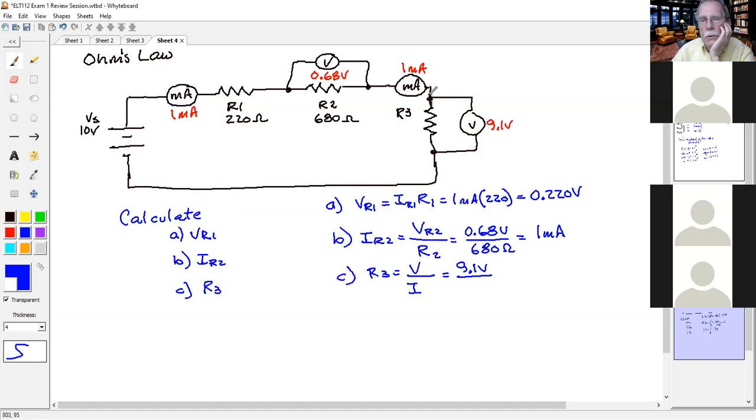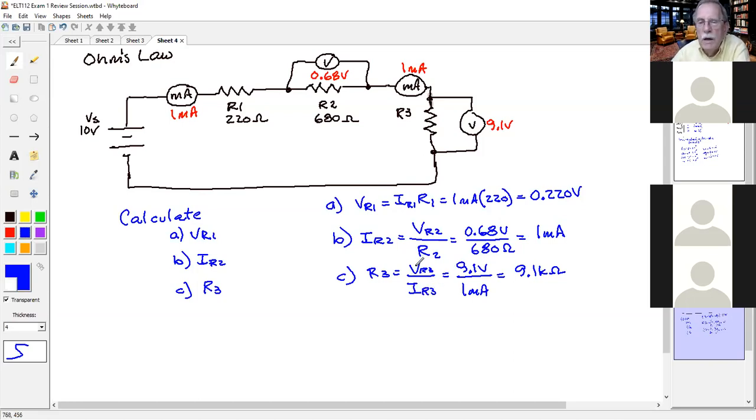The current over here, we're told, is 1 milliamp. When you work all of that out, that works out to be 9.1 k ohms. So the whole idea here is the different forms of Ohm's law. V is equal to I times R, I equals V over R, R equals V over I. Whoops, I forgot to put the V sub R3 and the R sub R3 over here.